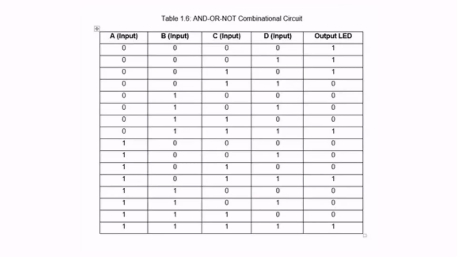In this combination circuit, the output will only be 1 based on the following. If all inputs are 0, if only the D input is 1, if only the C input is 1, if only the A input is 0, if only the B input is 0, and if all inputs are 1.